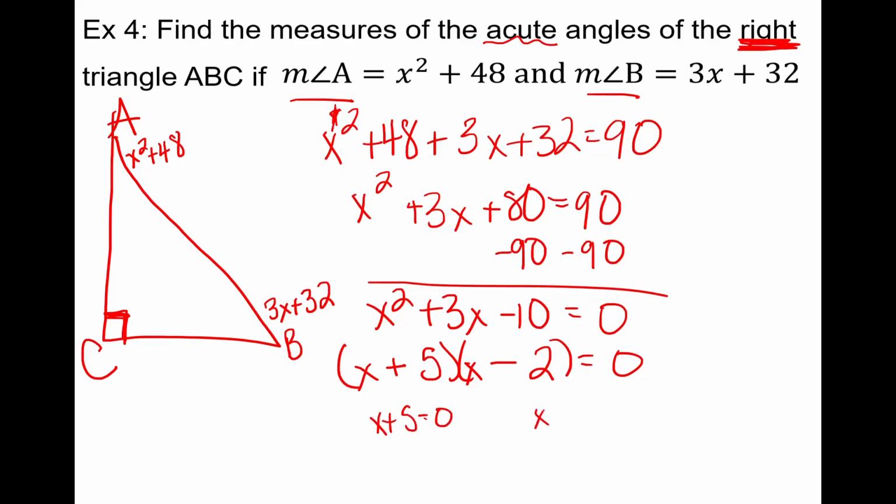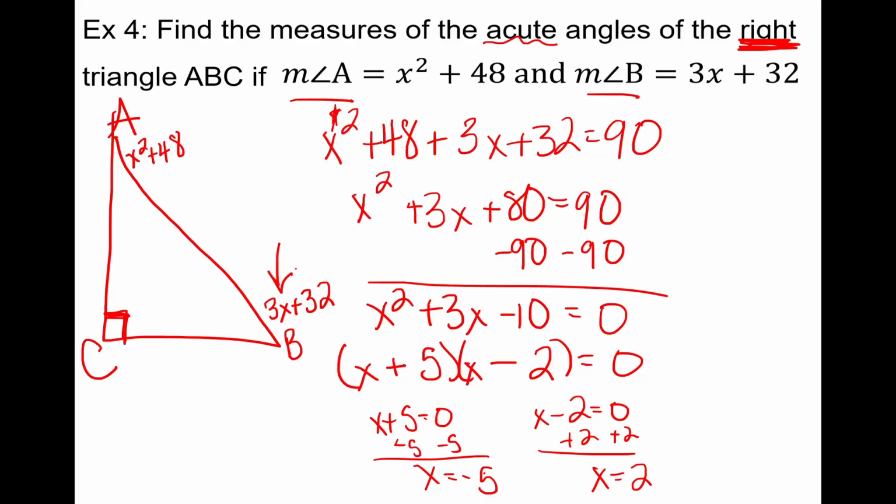We're technically taking these factors and setting them equal to 0 and then solving the one-step equation. And that's how we're getting our solutions for x. So x equals negative 5, x equals a positive 2. We're talking about angle measurements in here, so when you plug it back in, you better be getting a positive answer. So that means that my final answer only works with x is equal to negative 2.